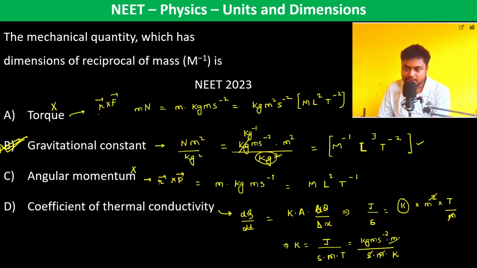This is s to the power minus 3. So therefore mass to the power 1, L to the power 1, T to the power minus 3 and Kelvin to the power minus 1. So of course this is also not having M to the power minus 1, it is having M to the power 1. So therefore the only option which is going to be correct is B.